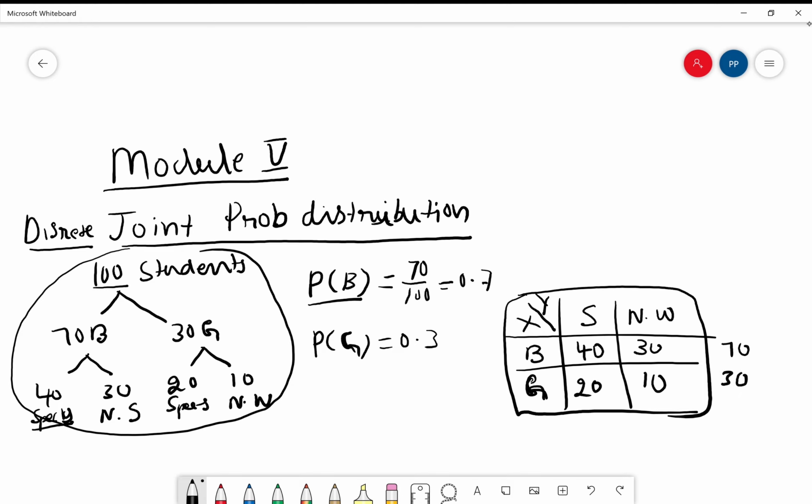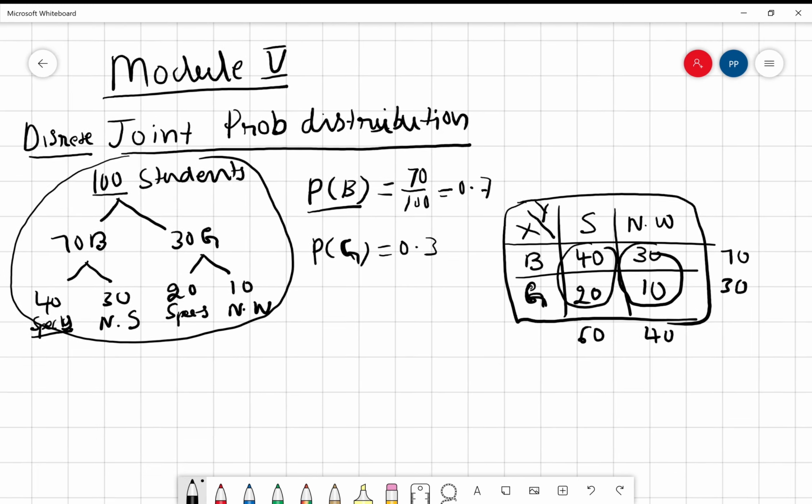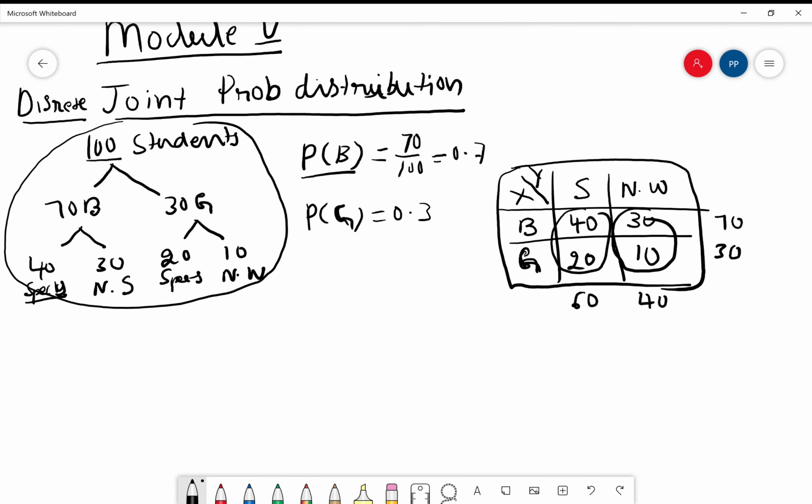How many students in total are wearing specs? 60, a combination of both boys and girls. How many students are not wearing specs? 40. The total number is 100. Whether you take this sum or this sum, they are the same, equal to 100.